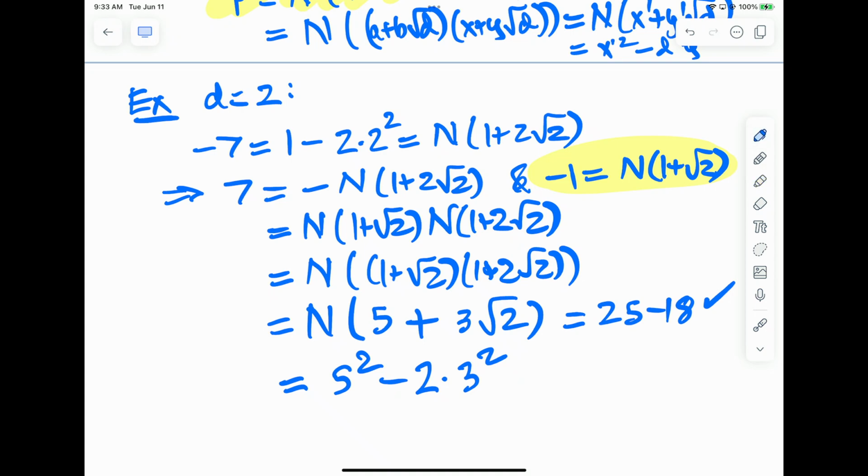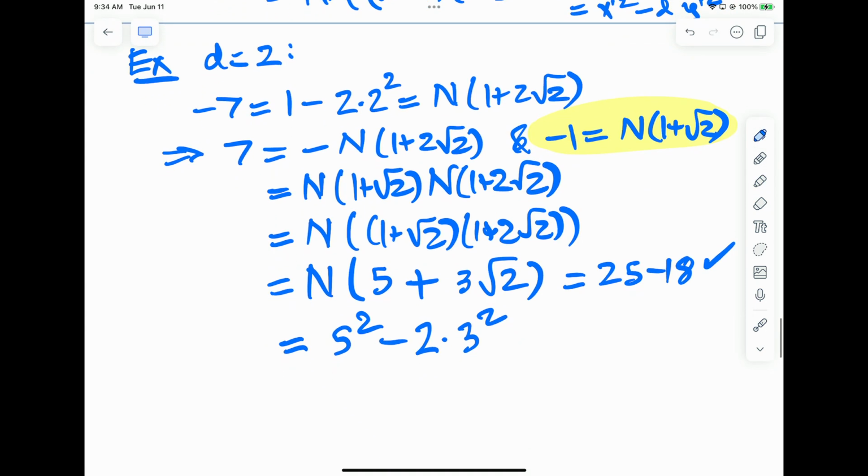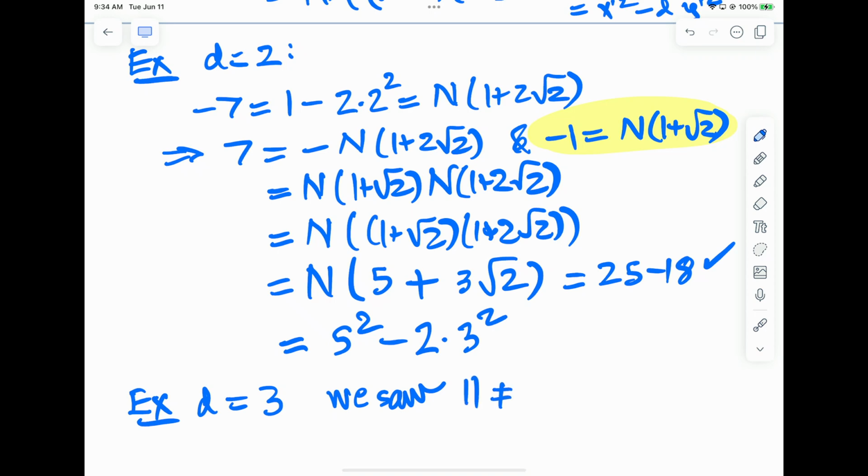And to appreciate this, we can't do this trick for d equals 3. We saw that 11 was not a norm, but minus 11 is.